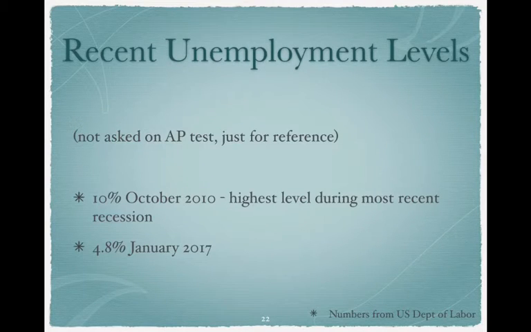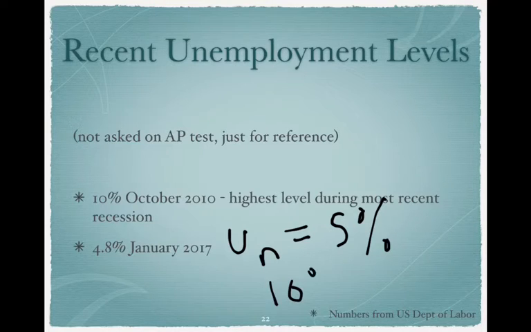I wanted to look at back in 2010, when unemployment was at 10%. If our natural unemployment rate is at 5%, and in October of 2010 we had 10%, that means we were up 5% more than what we needed to have been at.